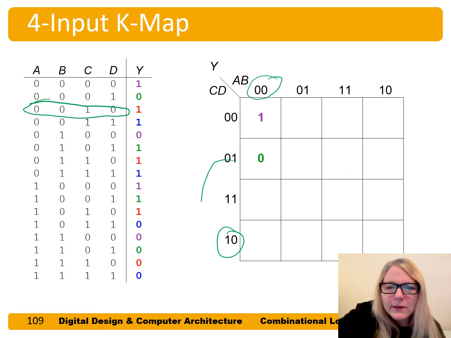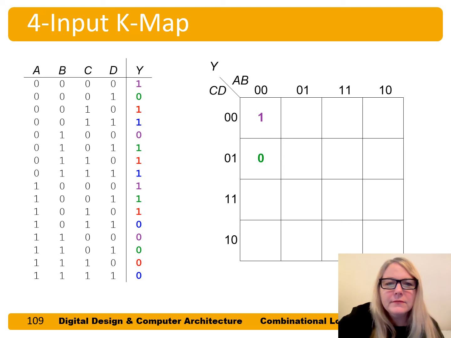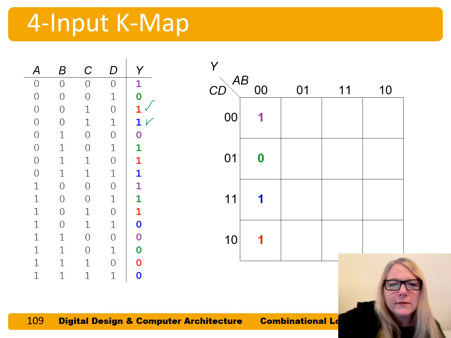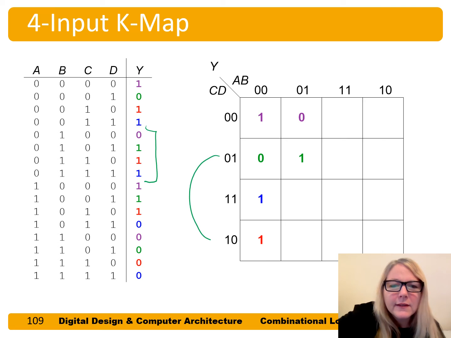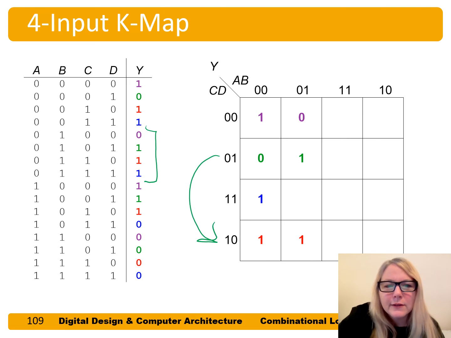We have to skip a row and enter it into the bottom row. So this 1 goes into this bottom row, and then our last one for that group of 4 goes into the 0, 0, 1, 1 box. And again, we do that for adjacency. And now our next group of 4, we get 0, 1, skip a row, 1, here's our 1, 1.